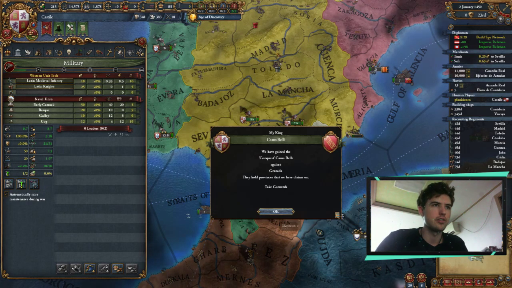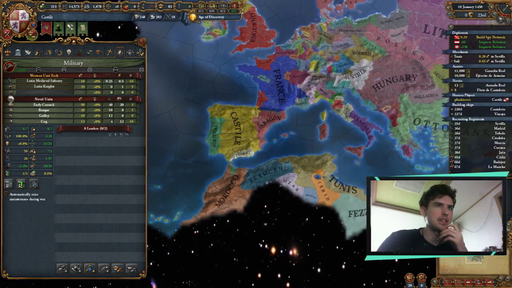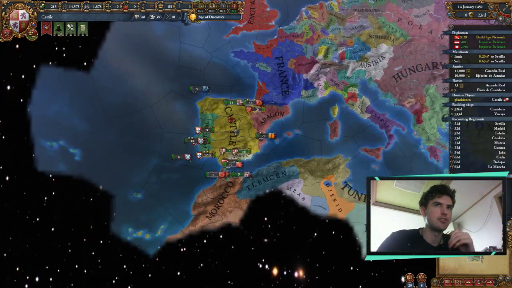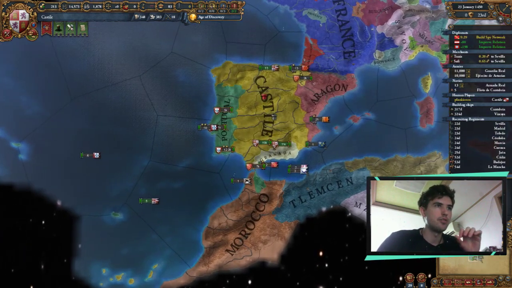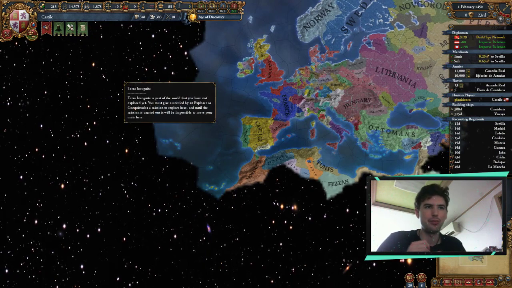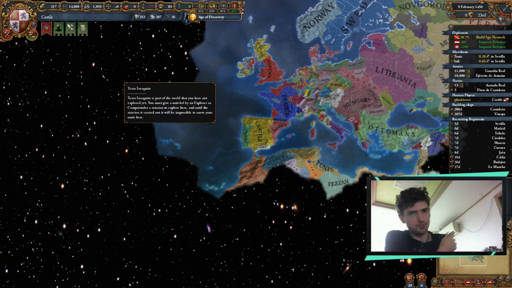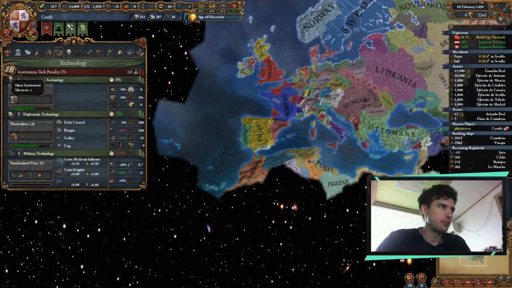The Renaissance has appeared. So the way this game simulates certain countries and certain regions of the world getting ahead of other regions, mainly Europe being ahead of the natives in North America, and Asia being ahead of the tribal nations of West Africa, is through a mechanic called institutions.